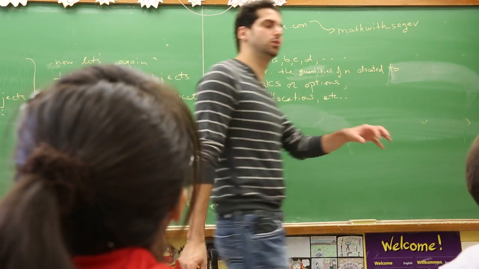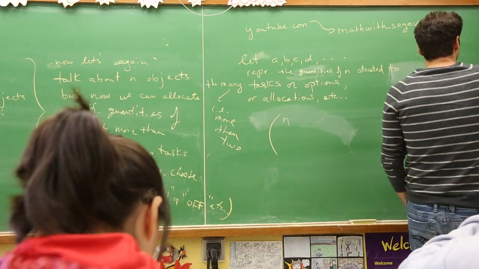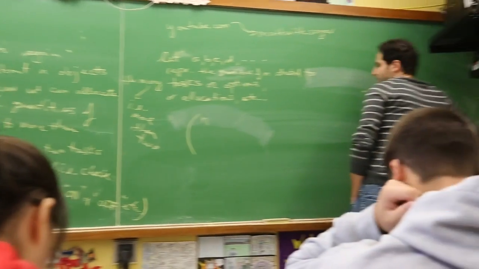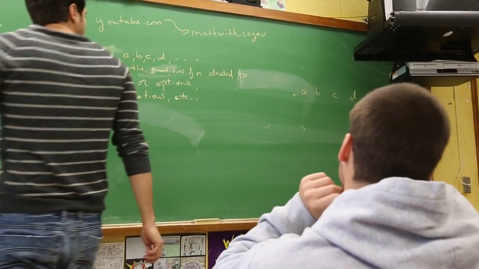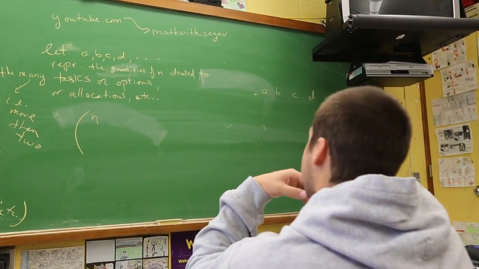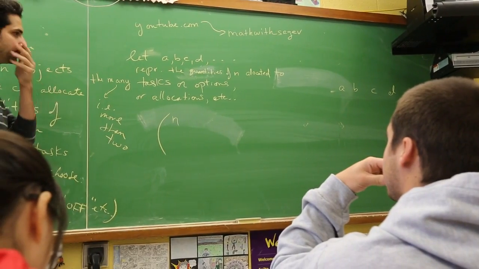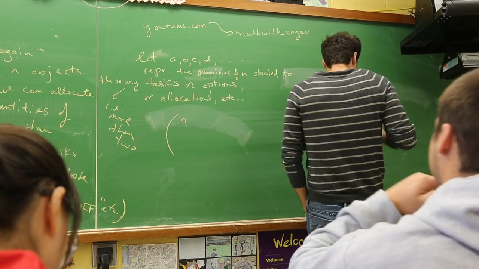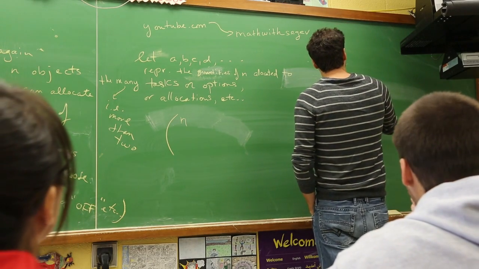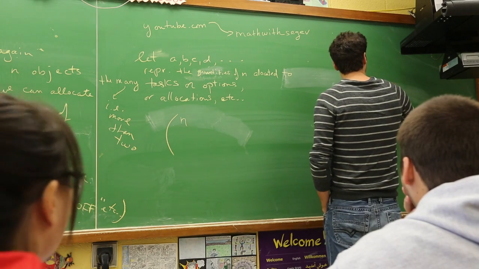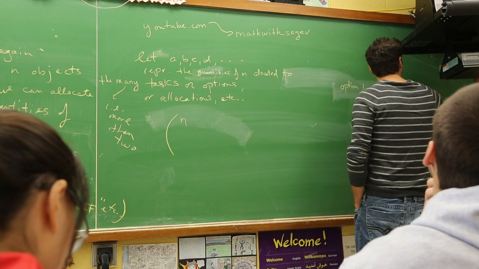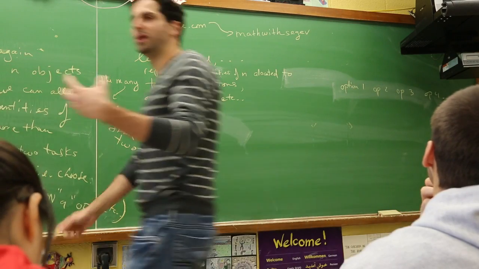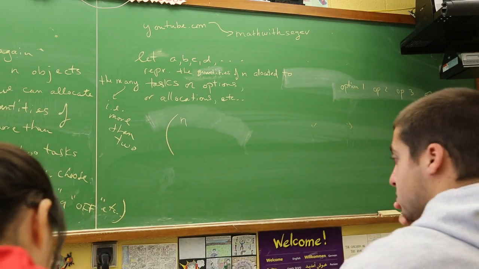Let's say first, let's talk about the tasks or the options as A, B, C, D: option 1, option 2, option 3, option 4. So let's say n is 5,000 things.